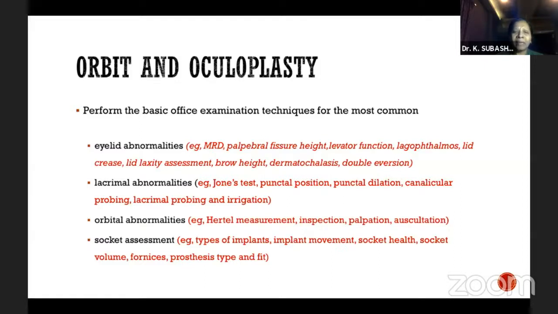For lacrimal abnormalities, Jones test, punctal position, punctal dilation, canalicular probing, lacrimal probing, and irrigation. For orbital abnormalities like Hertel measurement, inspection, palpation, and auscultation, and socket assessment like types of implants, implant movement, socket health, socket volume, fornices, prosthetic type, and fit.